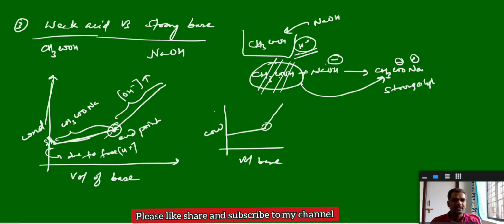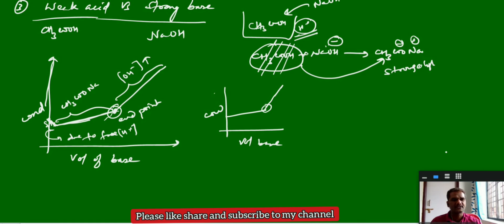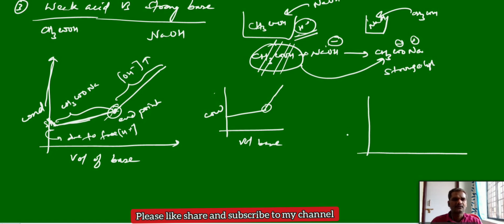But if you take the reverse, what happens? That means strong base versus weak acid. In the beaker you take NaOH, and to this you add acetic acid. Then you can see the graph here: conductance against volume of acid. Weak acid this is. Anyhow, sodium hydroxide has more conductance initially, somewhere here.